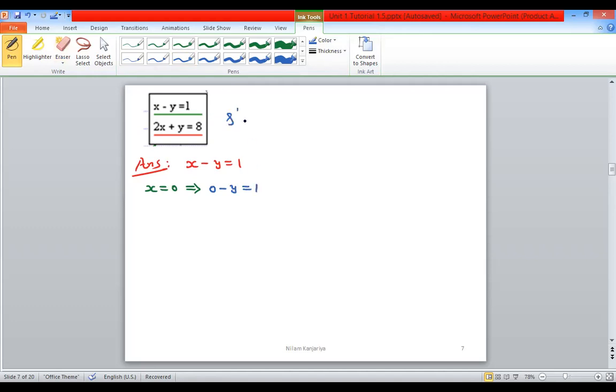This is the shortcut method. With x is equal to 0, what did you get? Minus y is equal to 1, that means y is equal to... sorry, y is equal to minus 1.